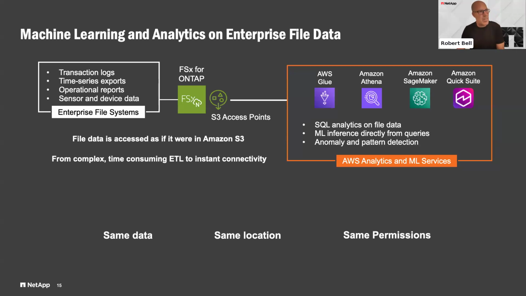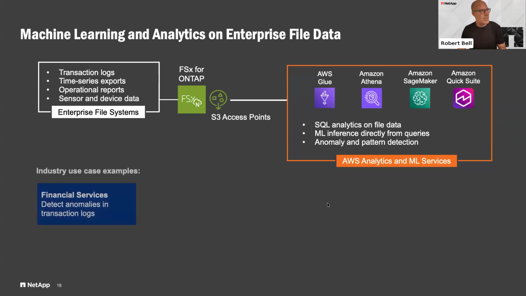So this is something I think is super interesting. It goes beyond just simple AI. For example, start with financial services: a bank that has tons and tons of transaction logs and information about customer behavior.